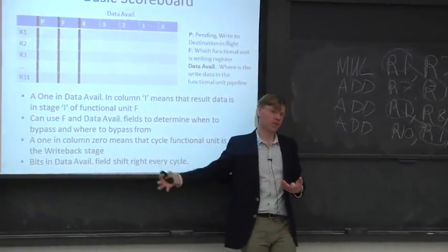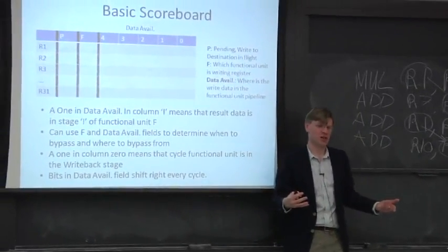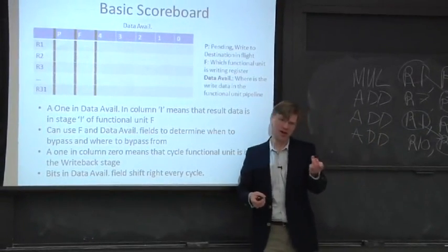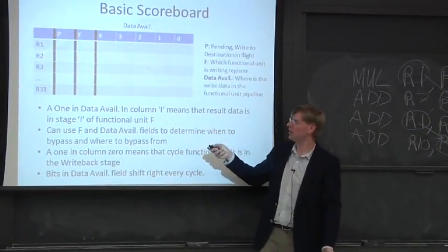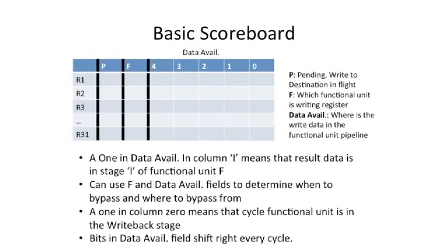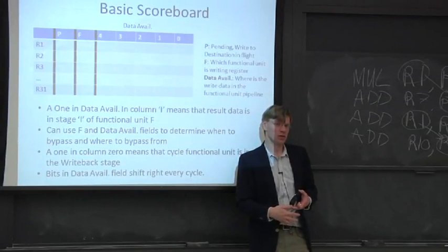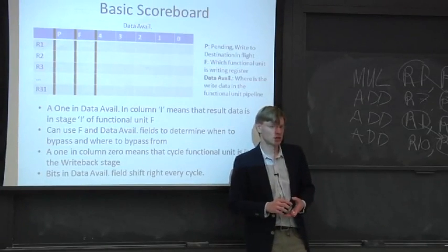You don't need to actually track that information. There's just some piece of logic which says, for a multiply, if the functional unit is multiply, then we can't bypass till here. If it's an add, we can bypass from here or there. So you don't need to track that in a table. It can just be part of your combinational logic in your decode unit or your issue logic.